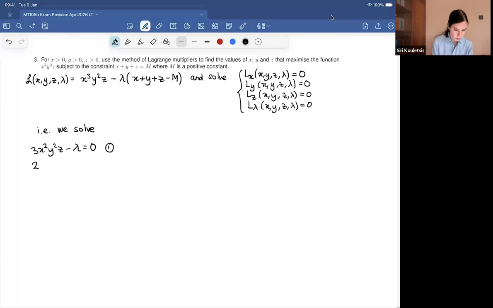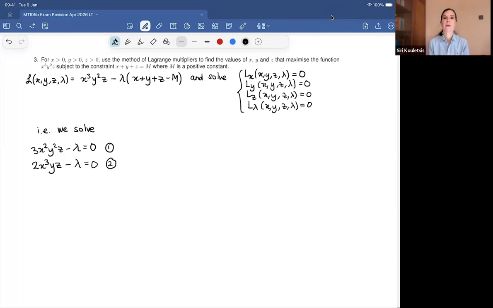Now let me put the 2 in front, I just think it's neater like that. Now we have y and then z. Again, what do we have left involving y? We have minus lambda times y. So partially differentiated with respect to y, we get minus lambda, and then we set that equal to 0.